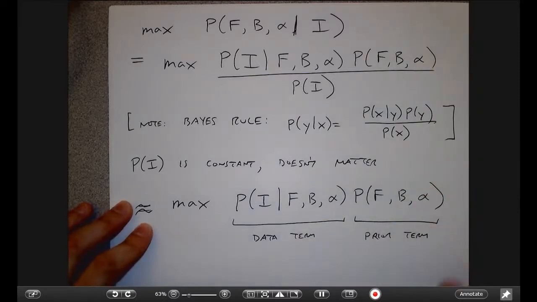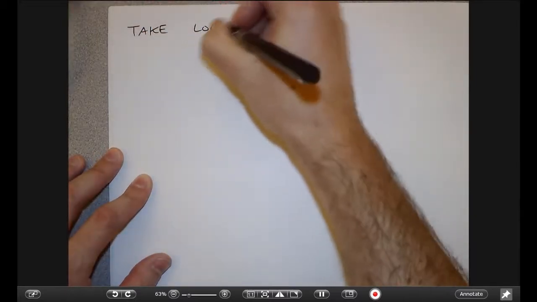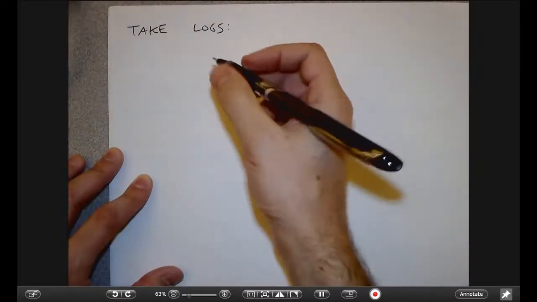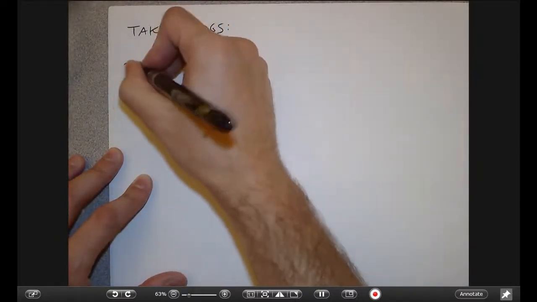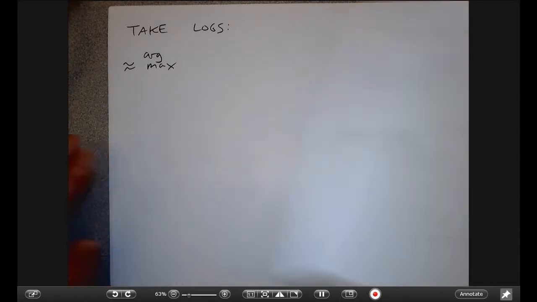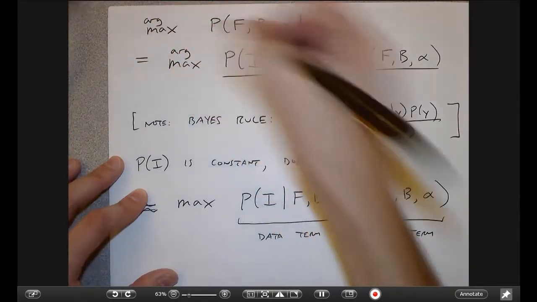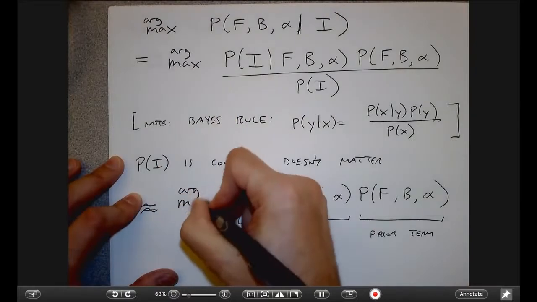So typically what you do is you take the log of these guys. If I'm being really proper, what I should do is go back and say that really what I'm doing is I'm finding the F, B, and alpha that maximize these things.